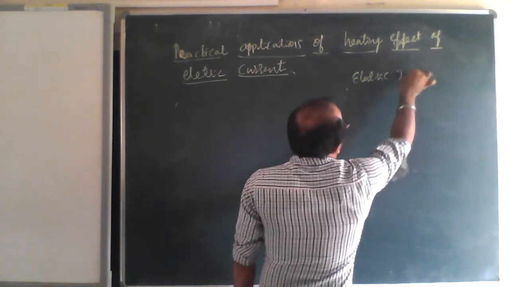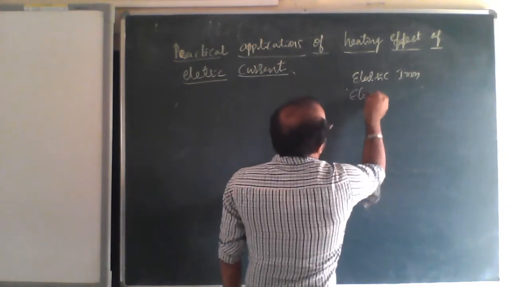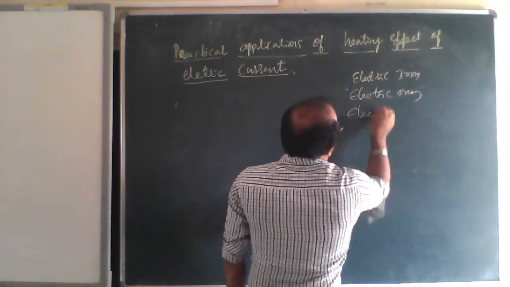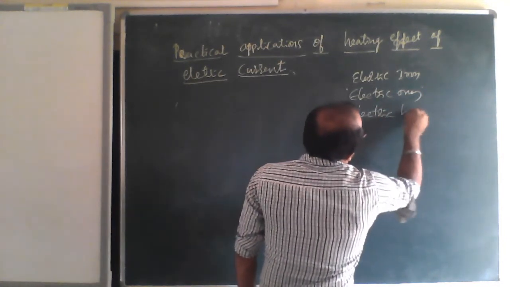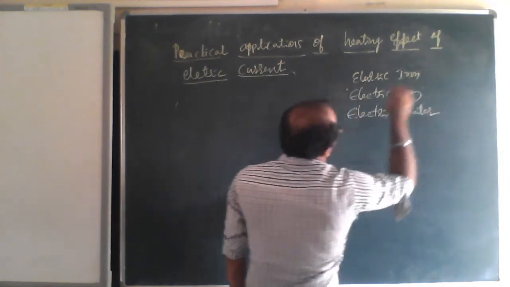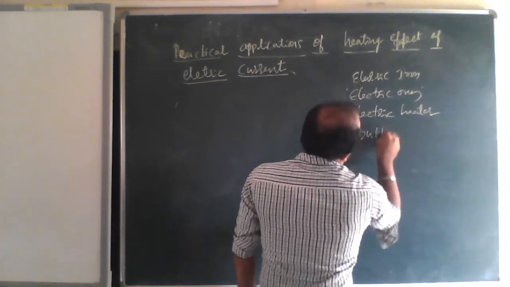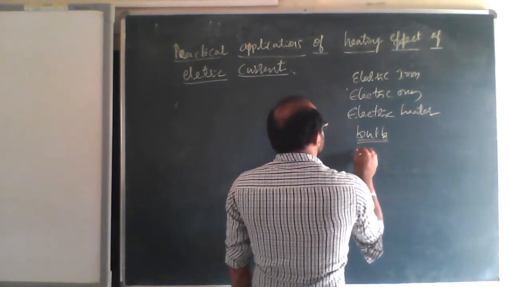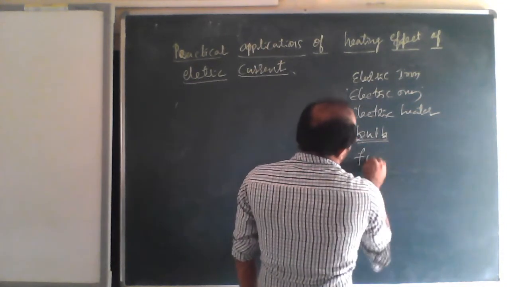We have seen the electric iron. Electric ovens are there. Then electric heater coils are there. Then the bulb is there. Then the fuse is there.